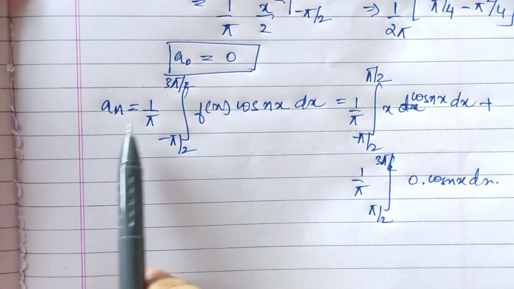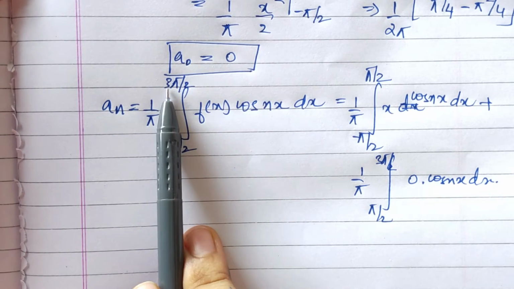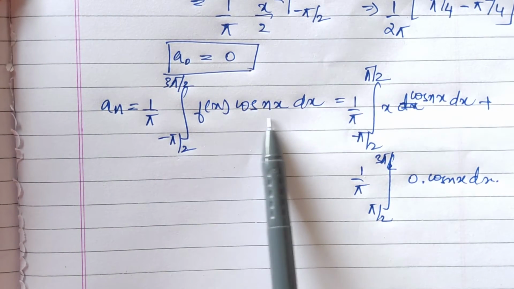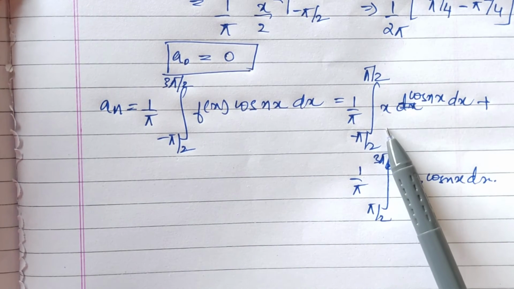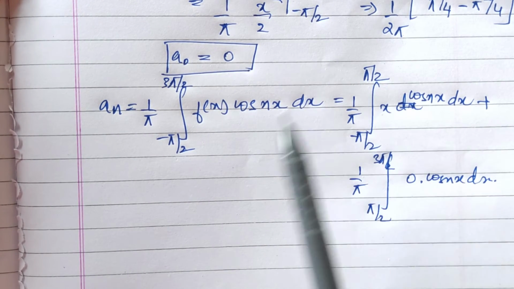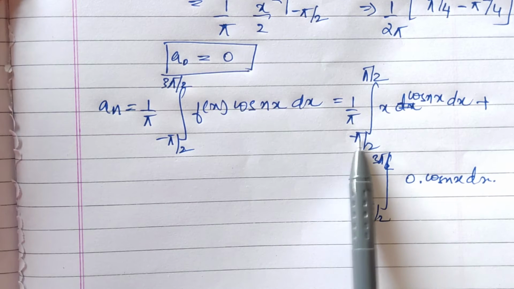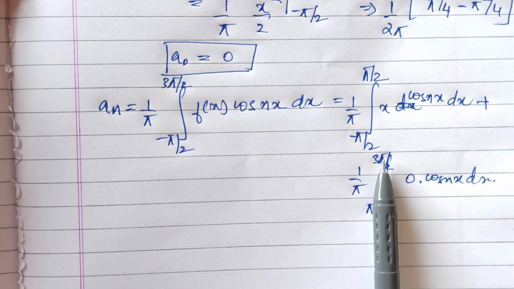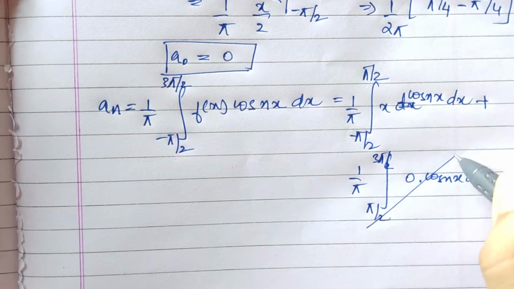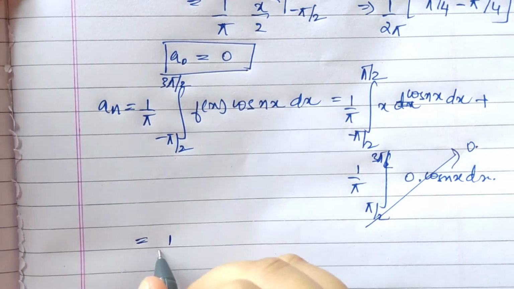Now we'll find an. An is equal to 1 by pi. We have the lower limit and the upper limit like last time, f of x cos nx dx. We split the interval at pi by 2 and we substitute the value of f of x as x in the interval minus pi by 2 to pi by 2 and 0 in the interval pi by 2 and 3 pi by 2. This term becomes 0, followed by which we further evaluate the integral.